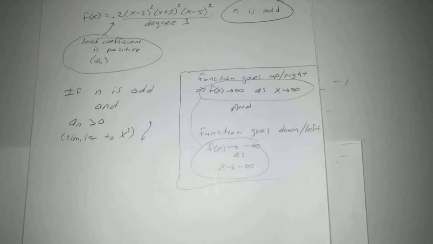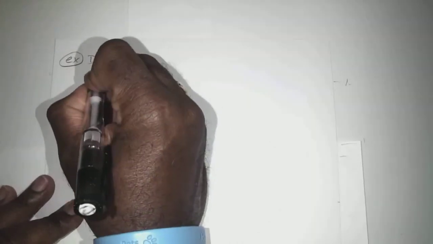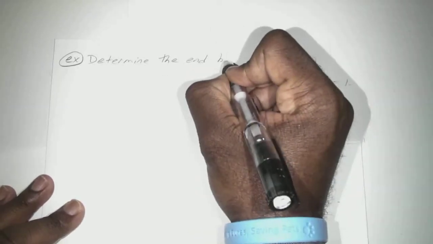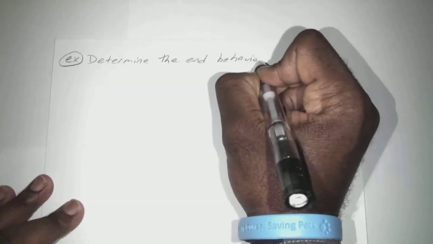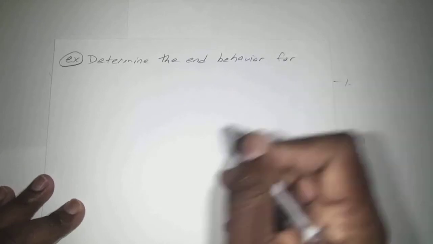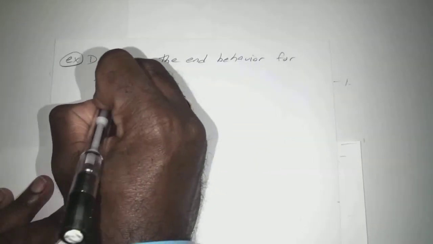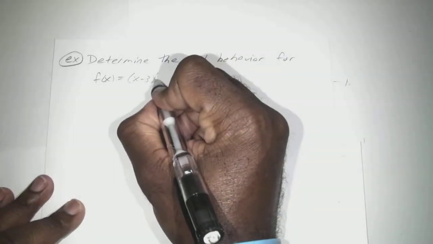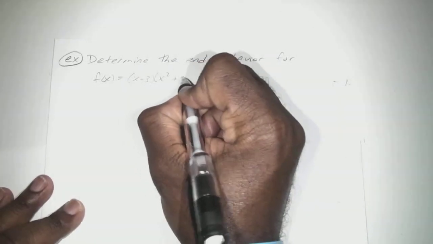Right. So let's say for our next example, if we wanted to determine the end behavior for f of x equals (x minus 3) times (x squared plus 5x minus 1).